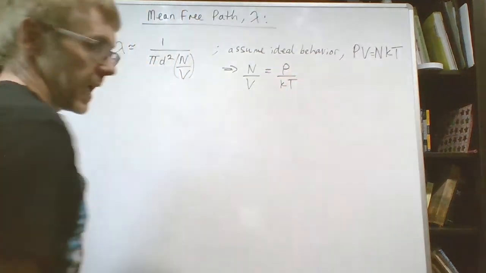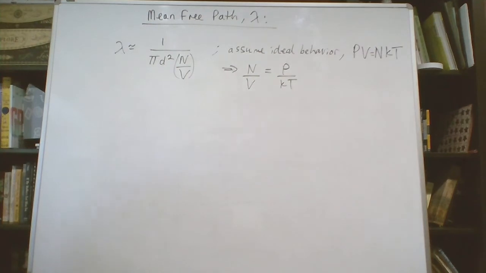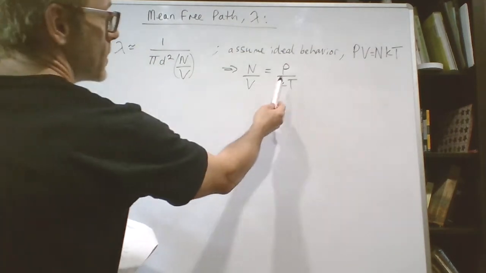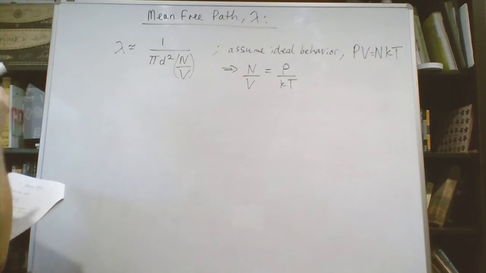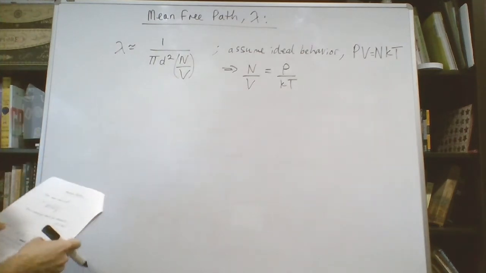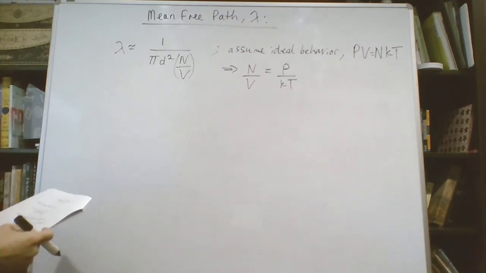Where remember, k is Boltzmann's constant, T is Kelvin temperature, P is pressure, N is number, and V is volume. Recall that the product of temperature and Boltzmann's constant is an energy term, a classical continuous energy term. So that's nice also. It's always good to have an energy term in an equation that involves energy.